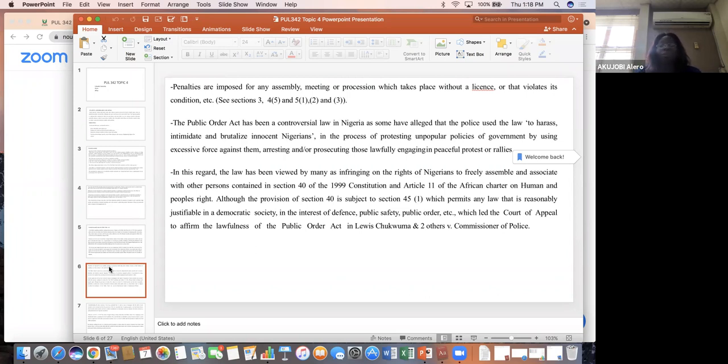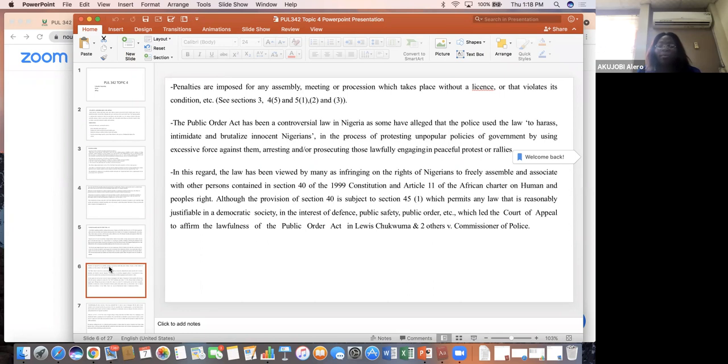Although the provision of Section 40 is subject to Section 45, subsection 1 of the Constitution, that permits any law that is reasonably justifiable in a democratic society in the interest of defense, public safety, and public order.